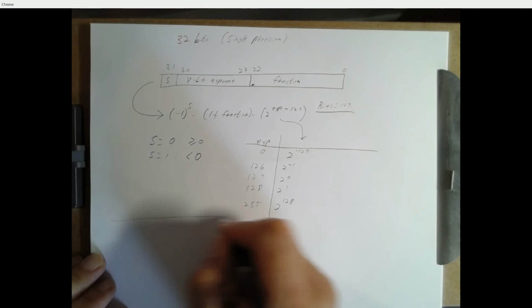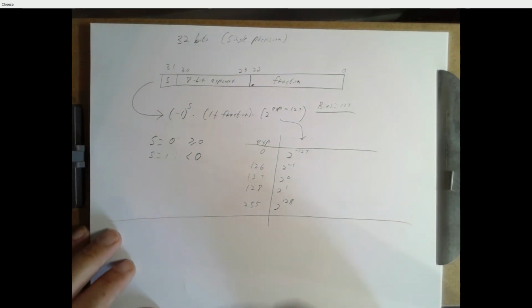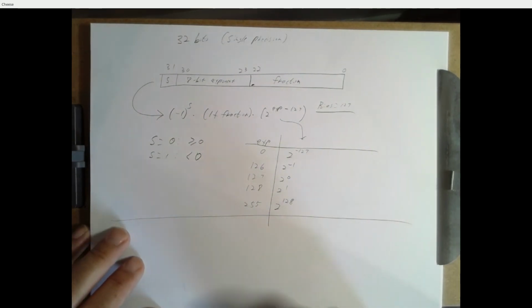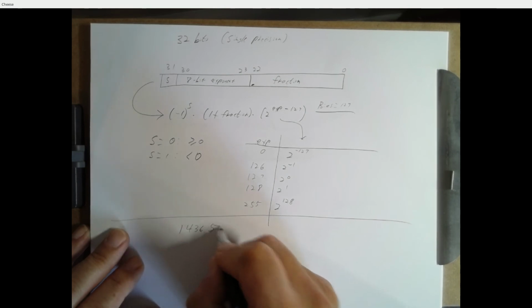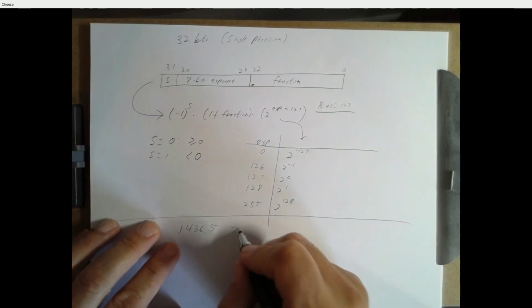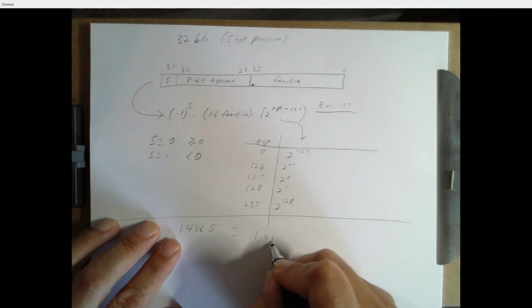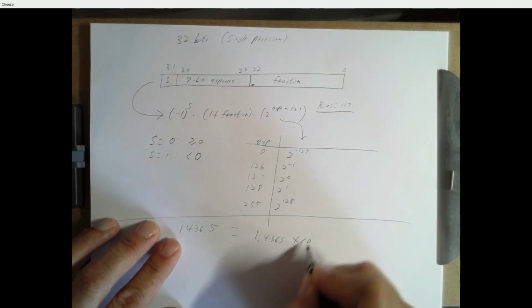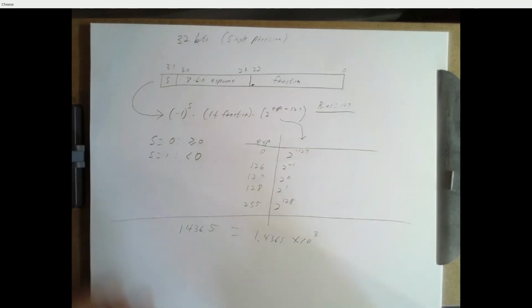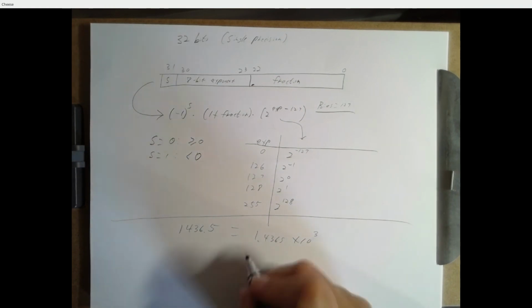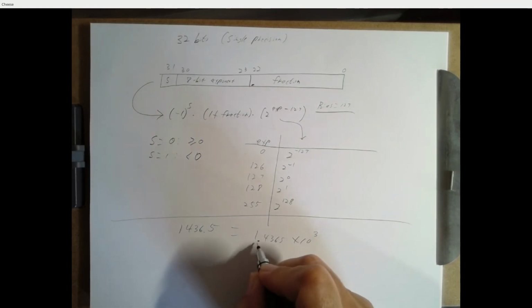And this is very much like something you're already familiar with, which is scientific notation. So if you want to represent the number 1436.5 in scientific notation, it's 1.4365 times 10 to the, and you go 1, 2, 3 places to the left, right? And in scientific notation, we move this decimal point so that there's always one digit to the left of it.